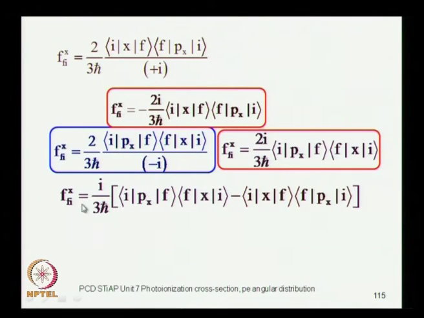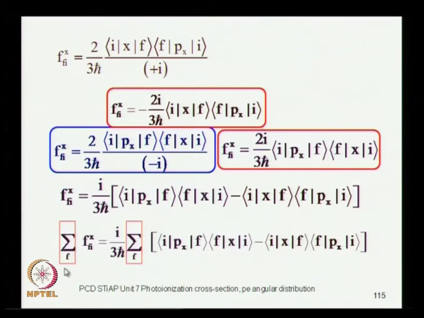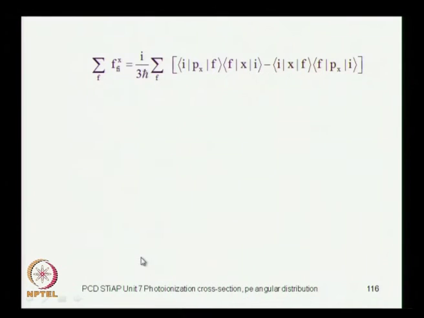This is the matrix element corresponding to a transition from i to f, but now I can sum over all the final states. So carry out a summation over all the final states, on the left hand side and also on the right hand side. What you have on the right hand side, when you carry out a summation over all the final states, is the unit operator over here, that is the resolution of unity.